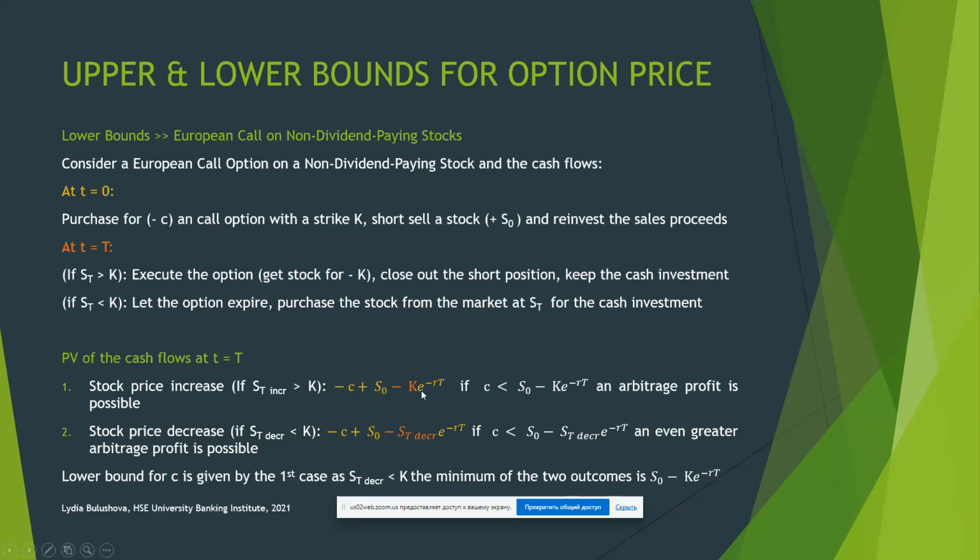Minus K multiplied by discount factor, because at time t equals 0, I didn't have any money, so I needed to borrow.